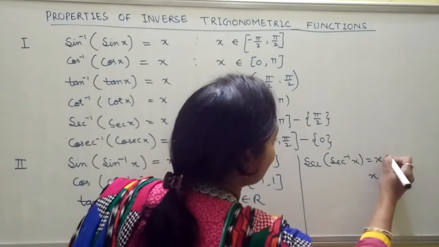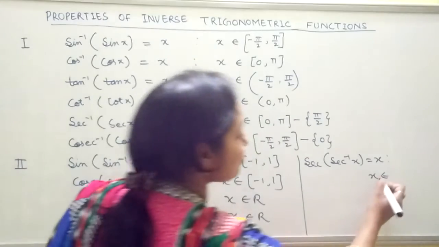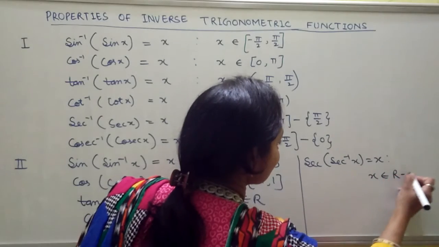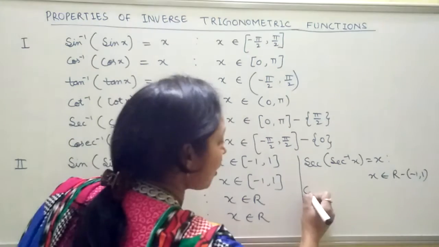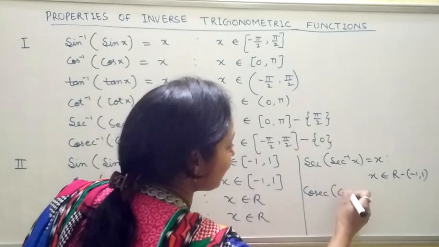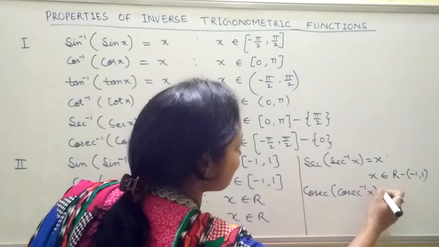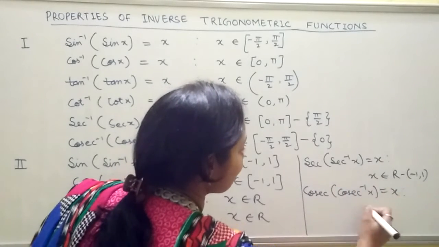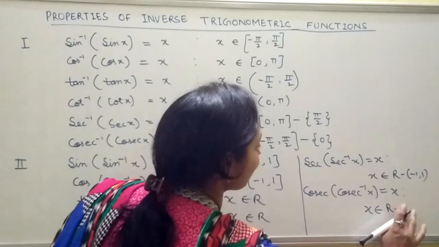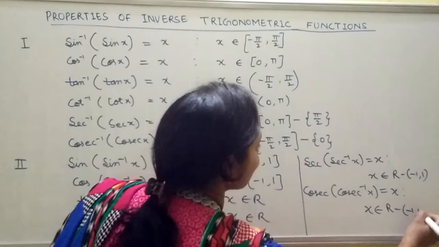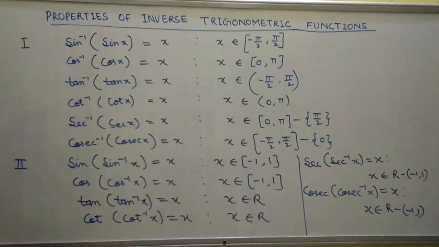The condition on x is x belongs to R minus the open interval minus 1 to 1. Okay, cosecant inverse cosecant x is equals to x. What is the condition on x? x belongs to R minus the open interval of minus 1 to 1. So these are the 2 properties.